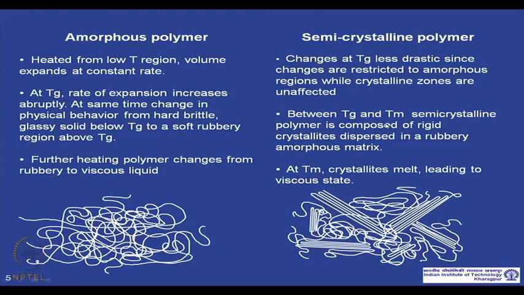So, between Tg and Tm, the semi-crystalline polymer is composed of rigid crystallites dispersed in the rubbery amorphous matrix, and at Tm the crystallites melt, which leads to a viscous state.